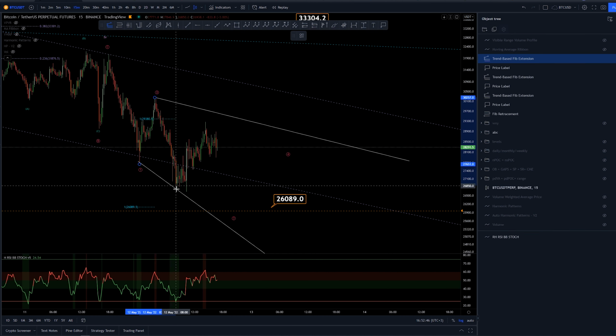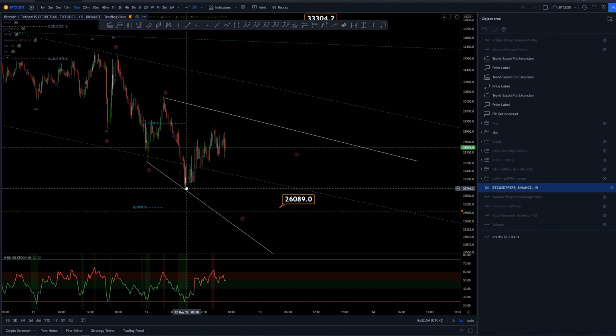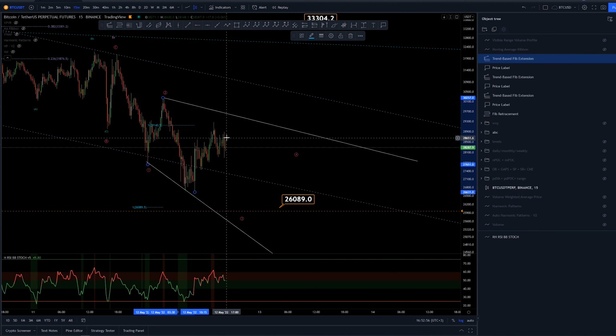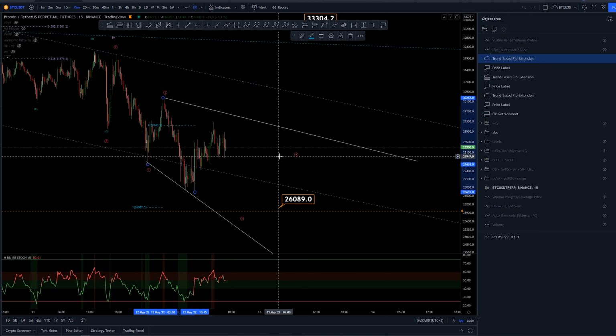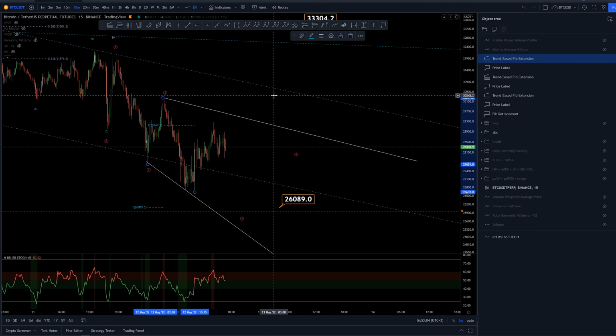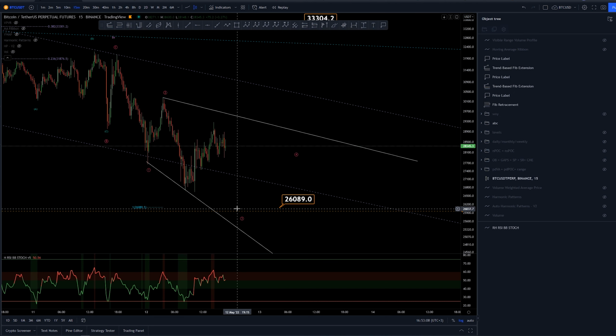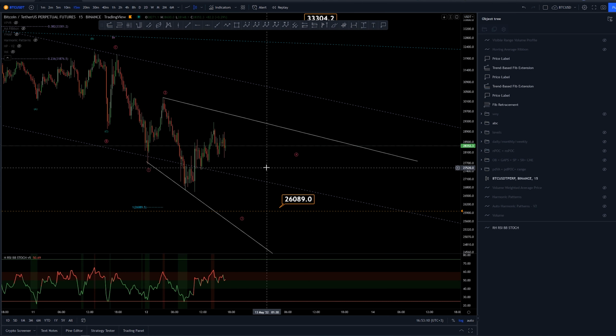Is the wave 3 already larger, or the wave 4 larger than that? It is. It looks like it is. Okay. So this structure at least is already larger than wave 2, which means that wave 3 has to come here below this level.